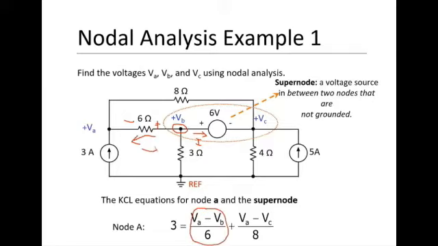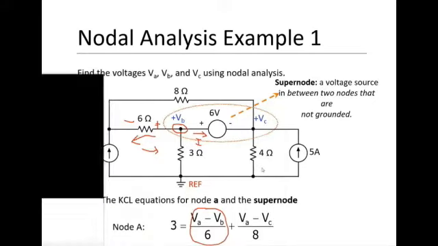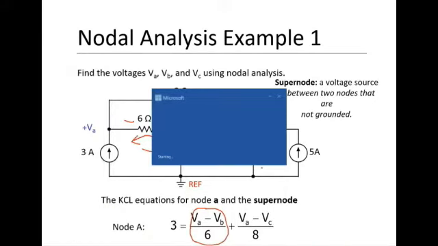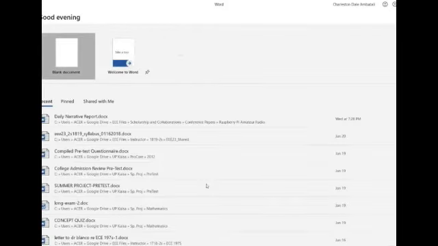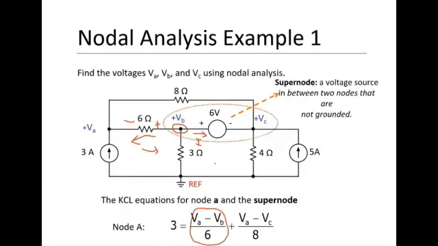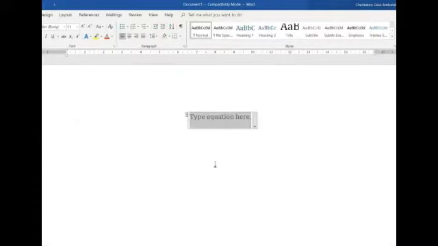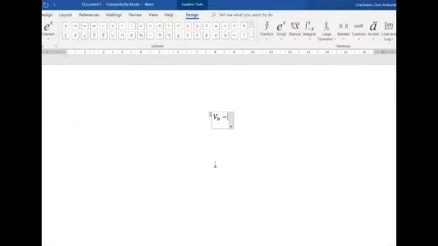Okay, so let's try to write it down using Word. The equation for this node B is VB minus VA divided by 6.